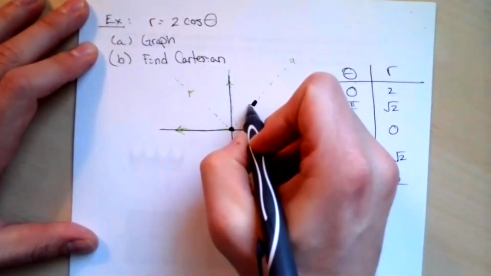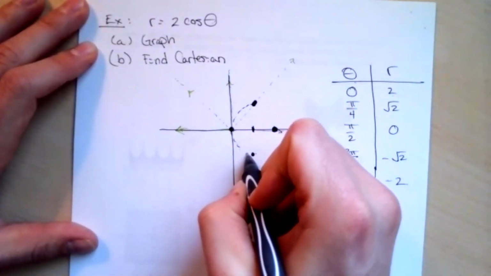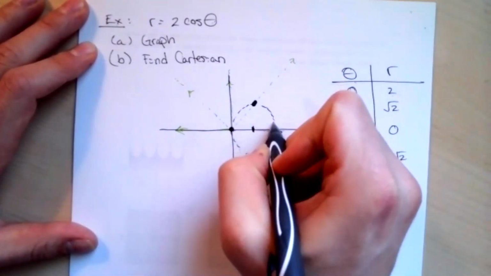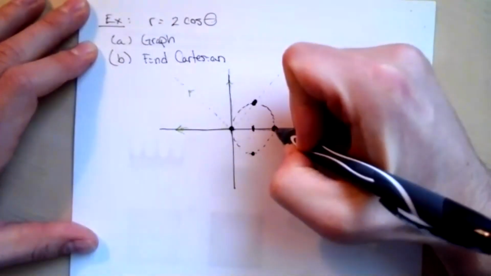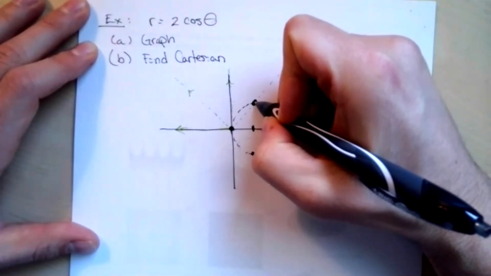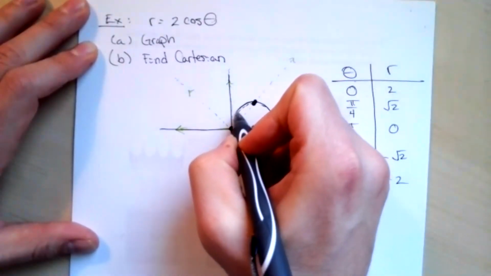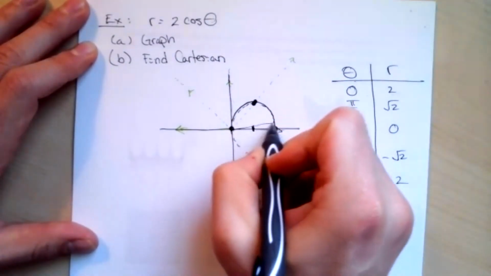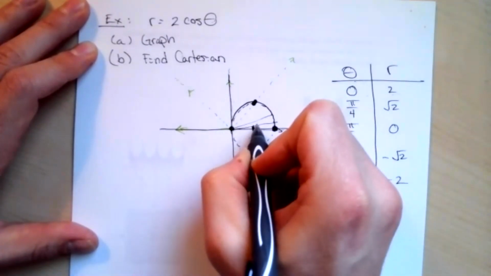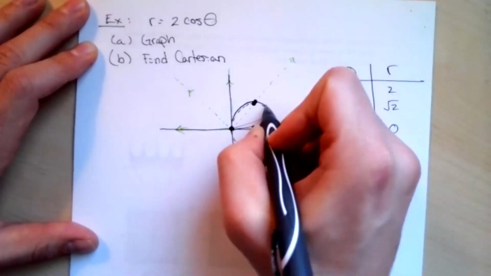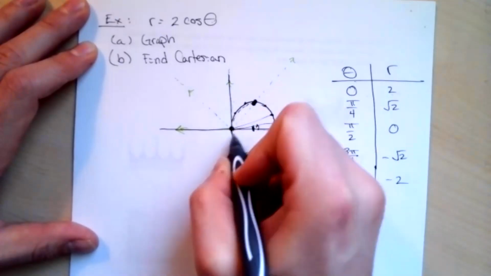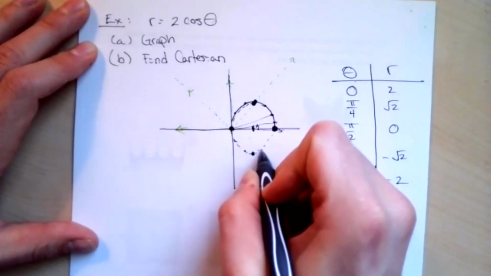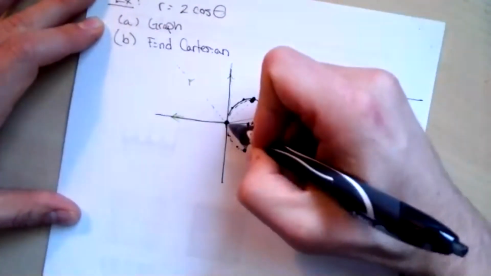And so this shape actually ends up being a circle. We started here and we're walking around. As theta increased, our points, if we had filled in more, we would see walking around this circle.